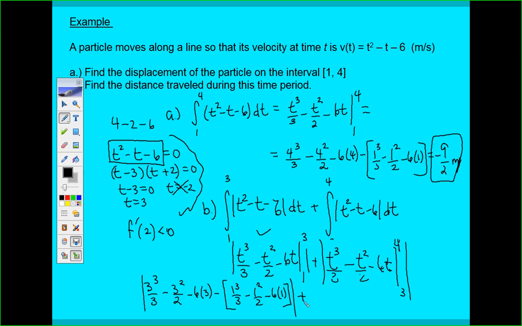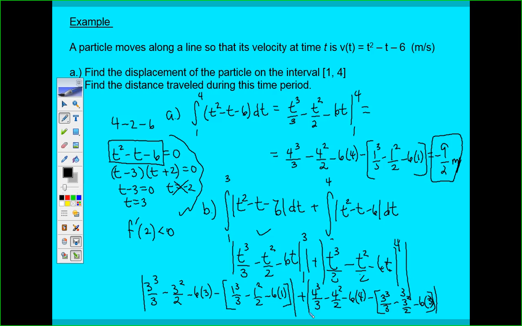Then we would have 4 cubed over 3 minus 4 squared over 2 minus 6 times 4 minus, now we would plug in 3, so we have 3 squared over 2 minus 6 times 3, and take the absolute value.